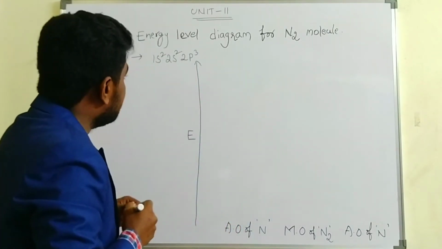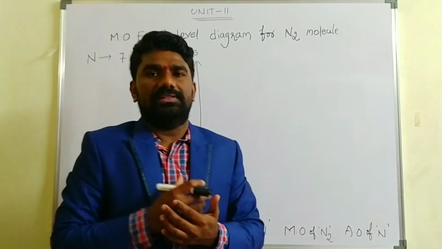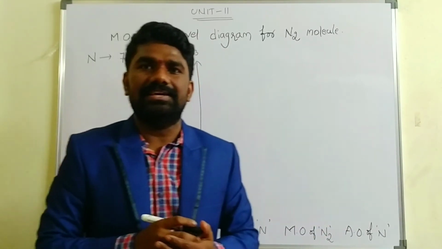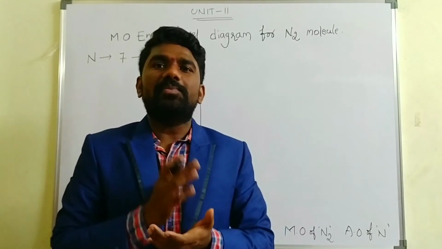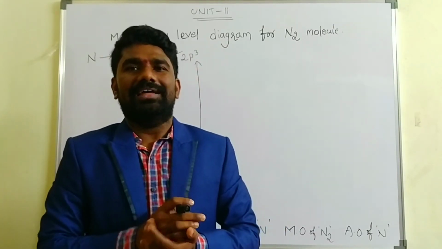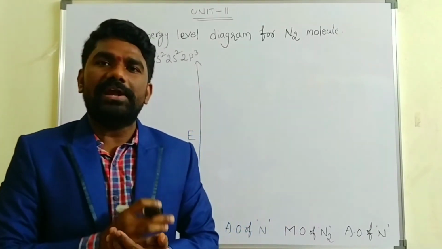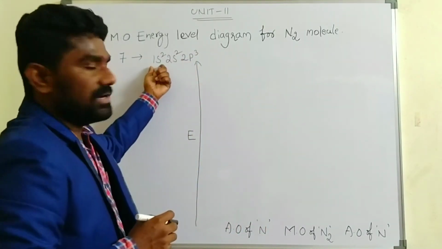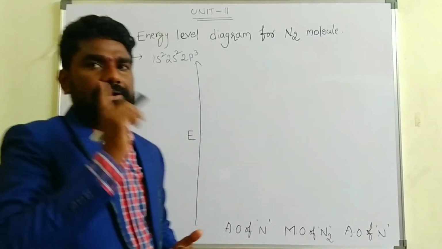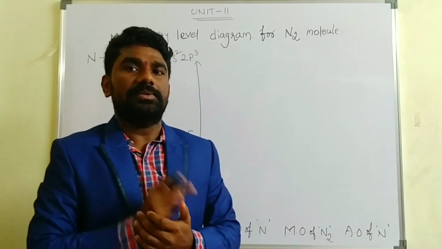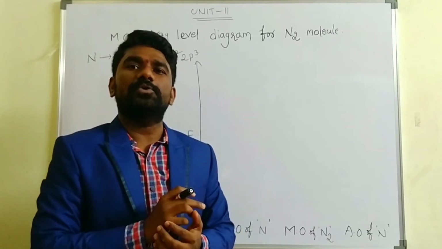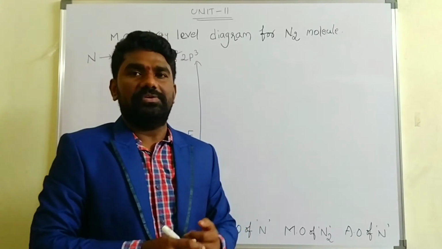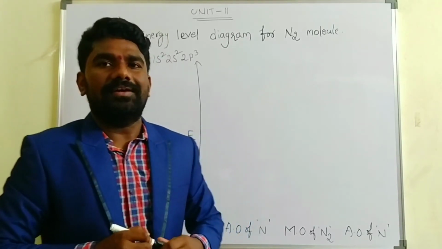We already discussed in the previous class that the number of formed molecular orbitals equals the number of participating or combining atomic orbitals. So here the 1s orbital from one nitrogen and the 1s orbital from the other nitrogen, that means two atomic orbitals participate in the molecular orbital formation. So we also get two molecular orbitals.